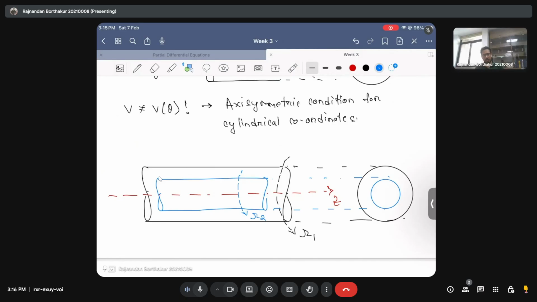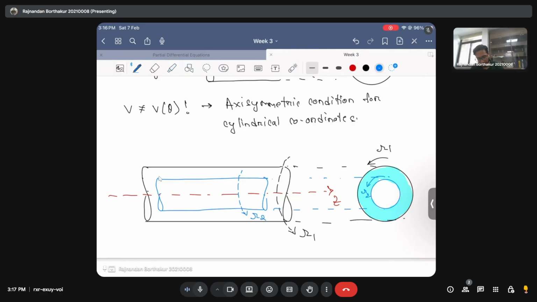So this is what the cross-sectional view will look like, and then you are saying that the cylinders are rotating with some angular velocity omega 1, and the inner cylinder is also rotating with some angular velocity omega 2. Which then means that the fluid inside the annulus of these two cylinders, and this is something that you have derived, will also rotate.